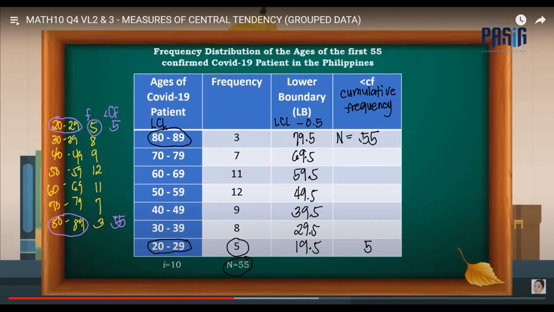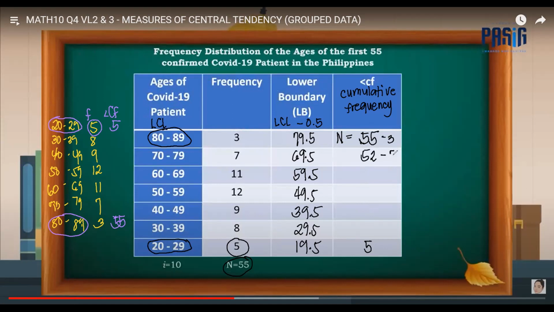Okay? So N now is 55. And we have to get the cumulative frequency of each class. Para magawa yon, pwedeng dalawang paraan, add or subtract. So let me try subtracting first. Pag magsusubtract ka, 55 minus yung frequency which is 3, we have 52.